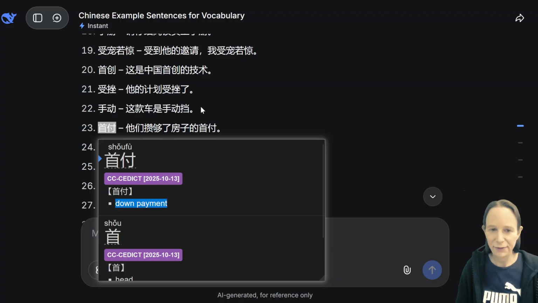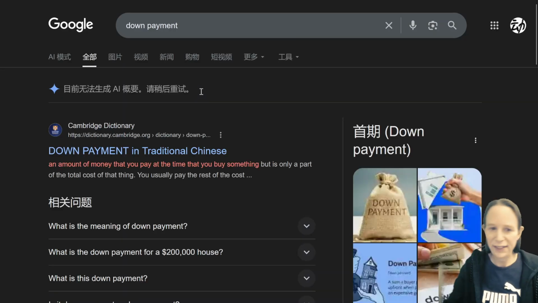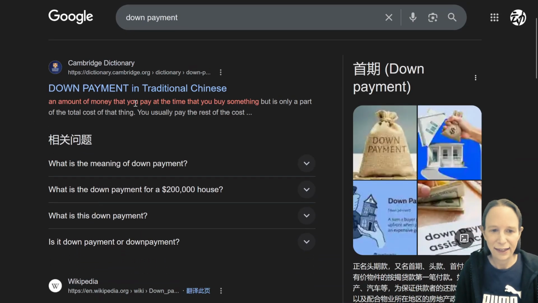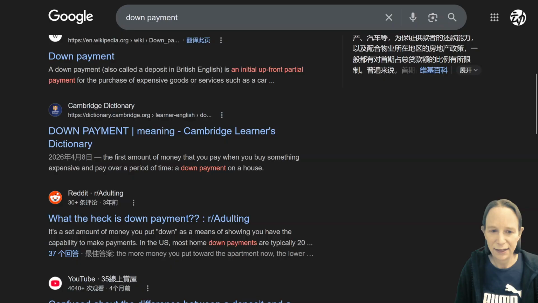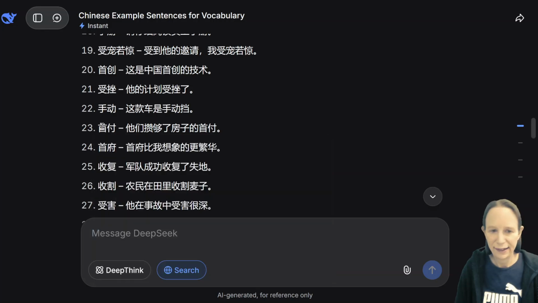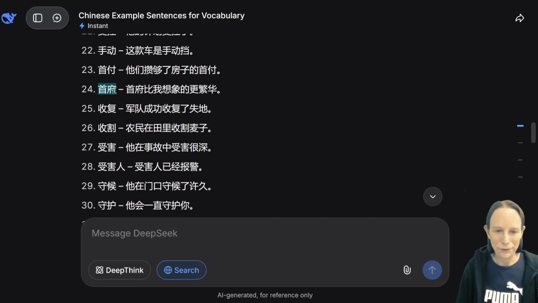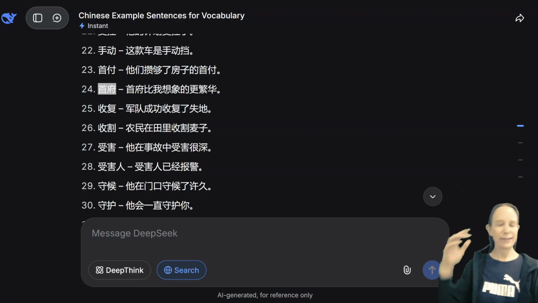Down payment. This is enough to get you started on a loan or something like this. The amount of money you pay at the time you buy something, but it's only part of the total cost of the thing. Down payment. All right. 首付. All right. 首付.